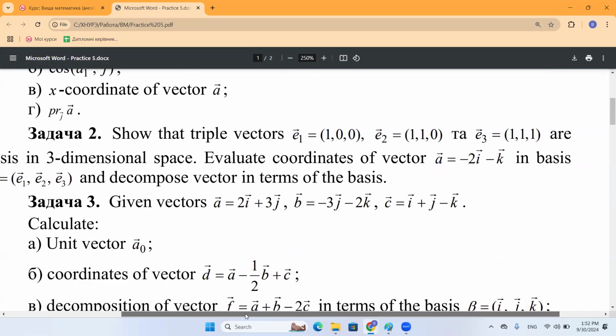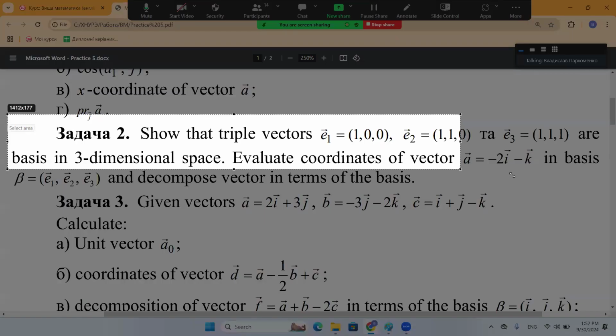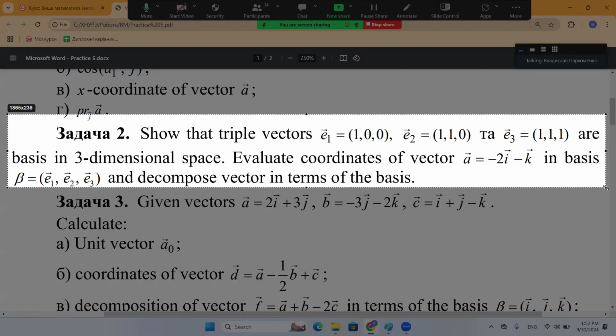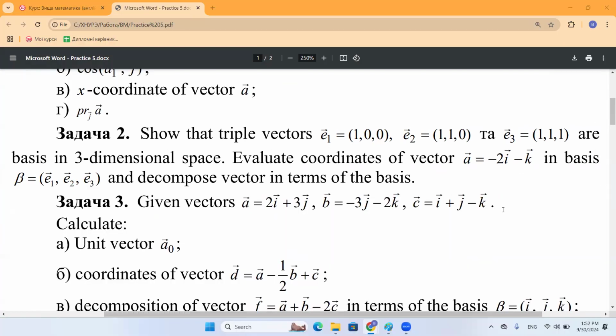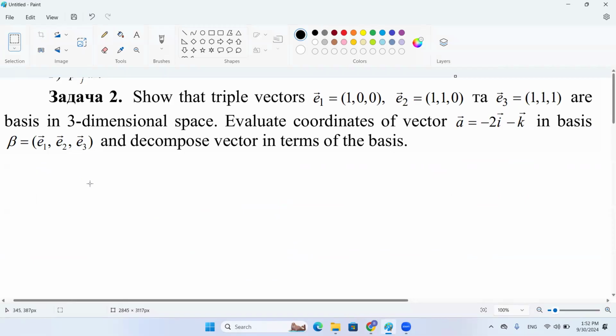So we have a vector, we have a given basis, so not i, j, k, but any basis in three-dimensional space in this exercise, and we need to evaluate the coordinates in this basis.